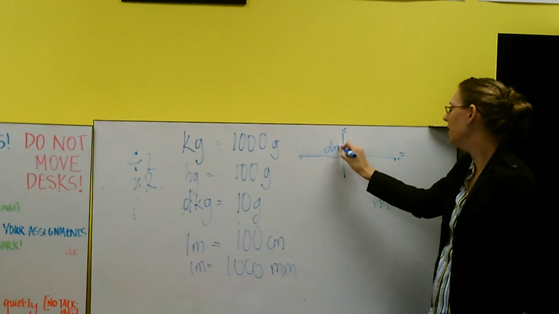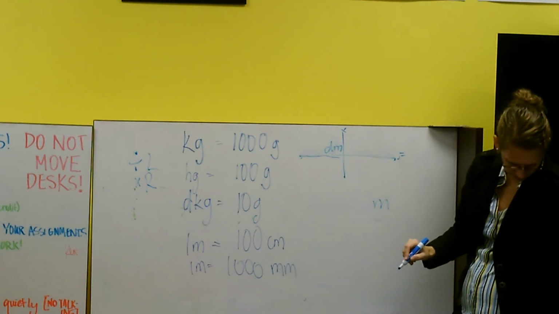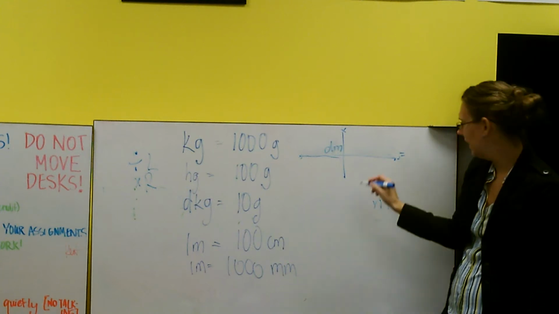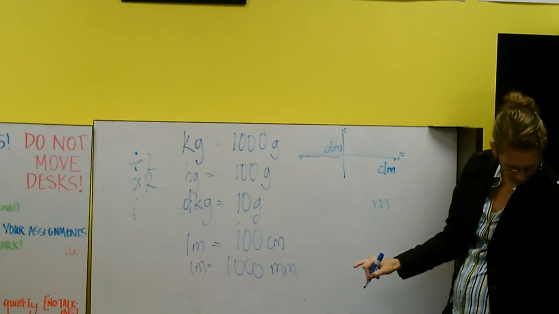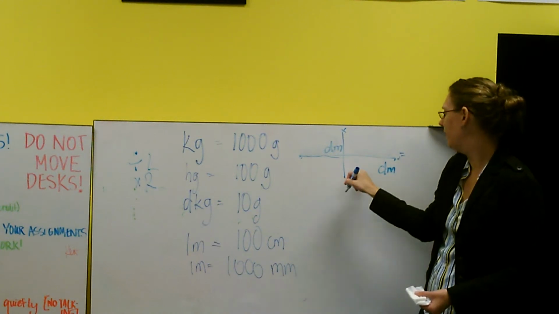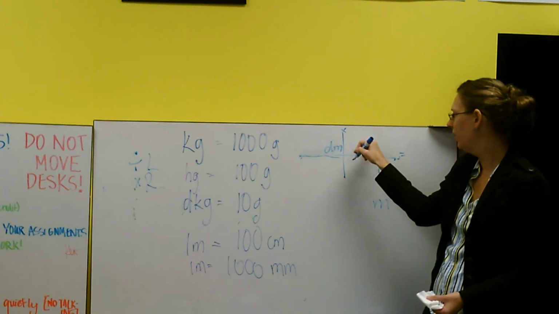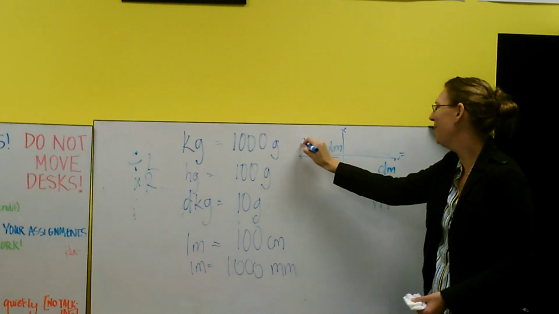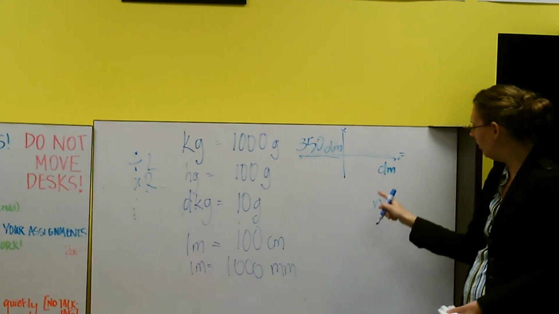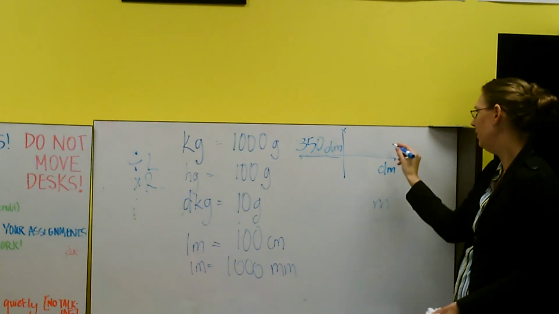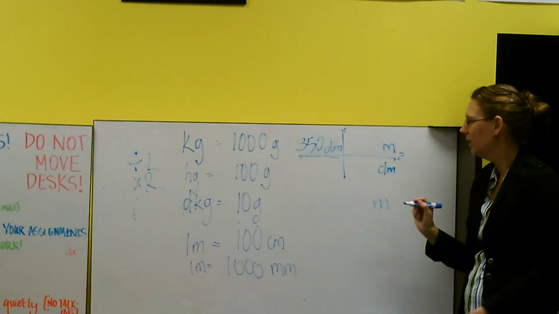So my decimeters are going to go up there. Yeah, decimeters need to go down there. And what's the number here? Oh, the number was 350. Okay, 350. Up here? No. Oh, yeah. Good. 350. Gotta keep you on your toes, right? 350 decimeters, that's what I need. To meters. Good.